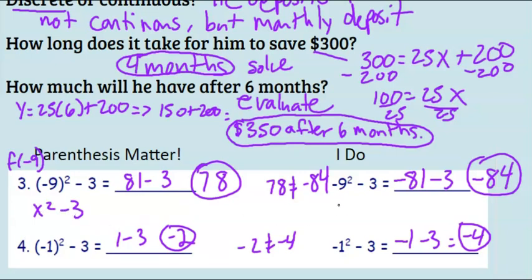This one, it would be negative x squared minus 3. So again, when you're evaluating these expressions, always put those parentheses. It might not always give you different answers, but it will in some situations like these right here where you have negative numbers.